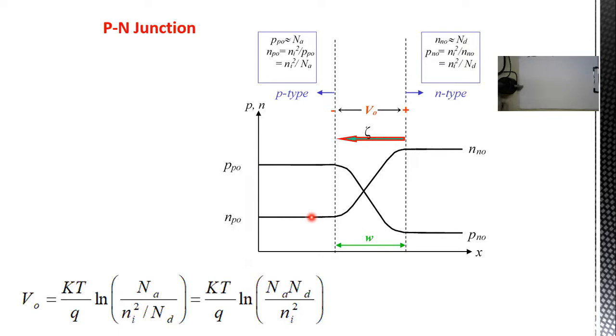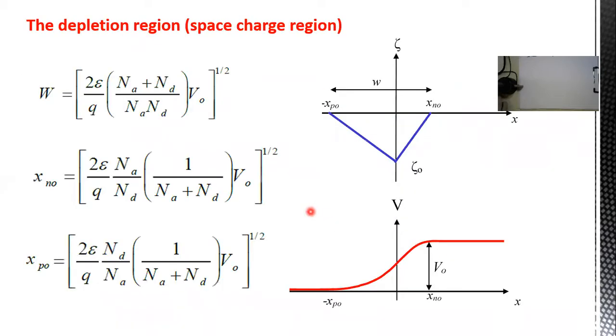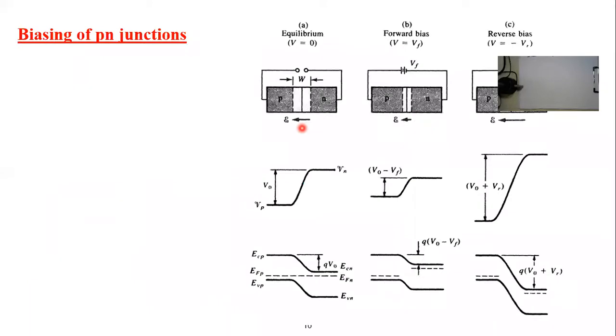So let's start together thinking how we can plot the electron concentration and the hole concentration under this condition, in forward and in reverse bias, for different configurations. So let's start doing this.